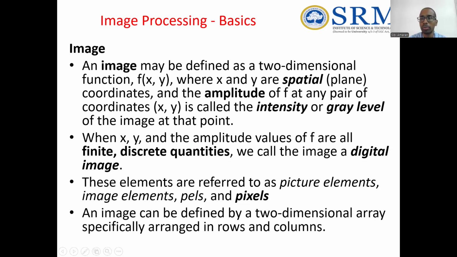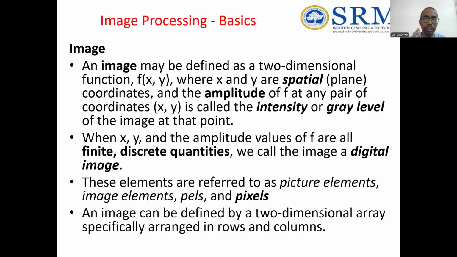The most important point is that the image is used as it is, without converting it into any kind of format. That is a basic image. If it is a two-dimensional image, it will be represented as f of x comma y, where f is a function and x comma y are the coordinates the function depends upon.